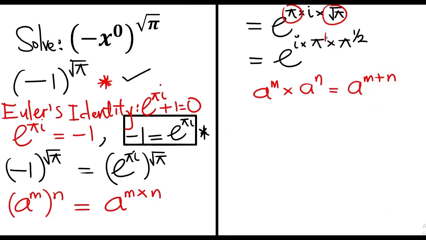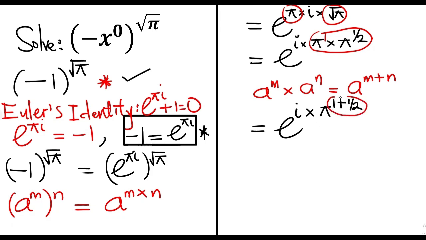There is 1 here, pi to the power of 1, so I can apply that to this part. Now I have e to the power of i multiplied by pi raised to the power of 1 plus half. 1 plus half is 1.5, which gives me 3/2. At the end of the day, I have e to the power of i multiplied by pi raised to the power of 3/2.